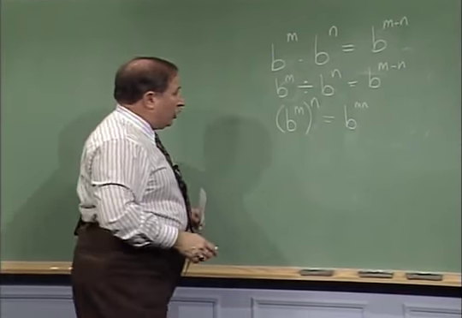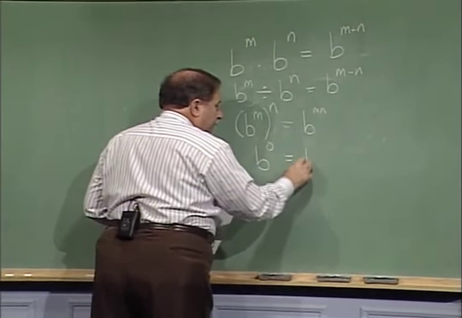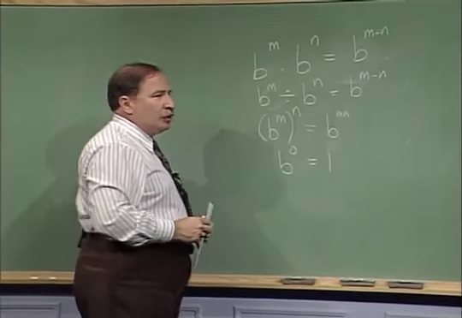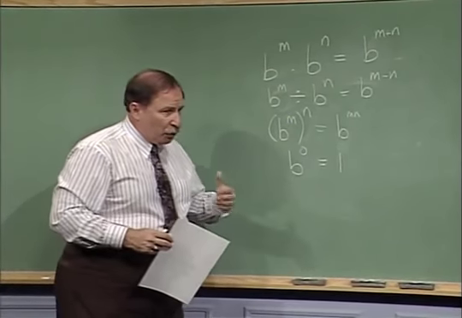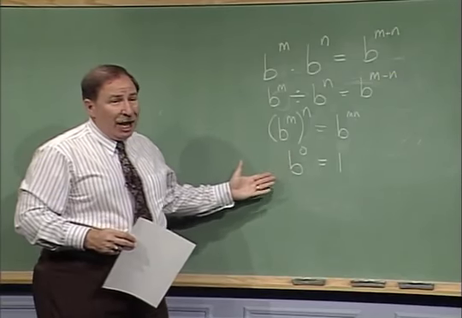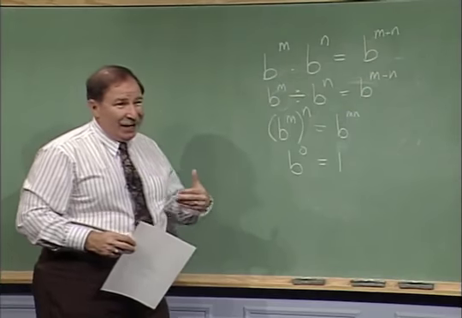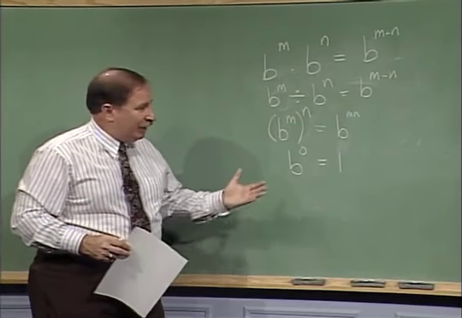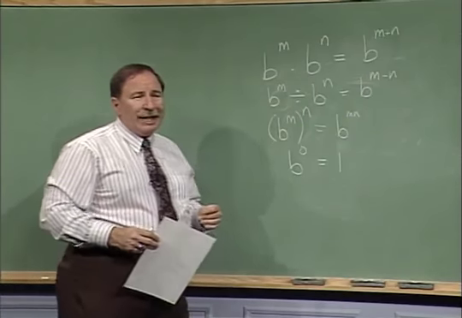We also know that any base to the 0 power is 1. Now, I realize for many students this makes no sense, because you'd say, well, anything to the 0 power should mean I have none of these b's, and therefore it should be 0. But it is 1, and again, if you don't recall why, you might even ask your teacher or look back at an old pre-algebra book to find out why.